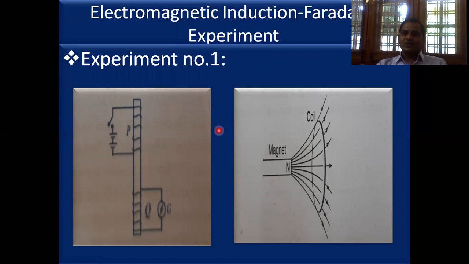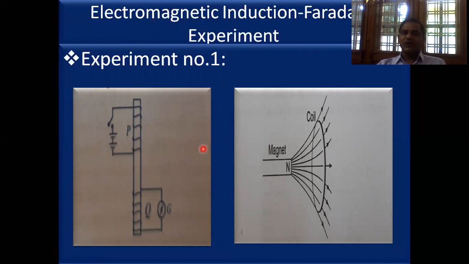Okay. So up to the Oersted experiment, we believed that there is no relation between electricity and magnetism. After the Oersted experiment, we concluded that there is a relation between electricity and magnetism.